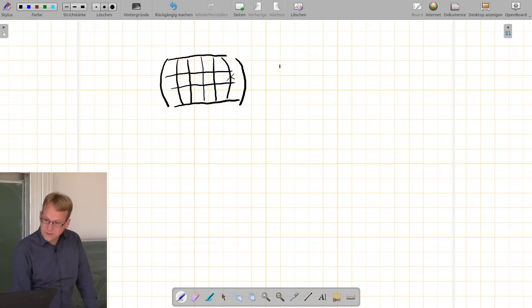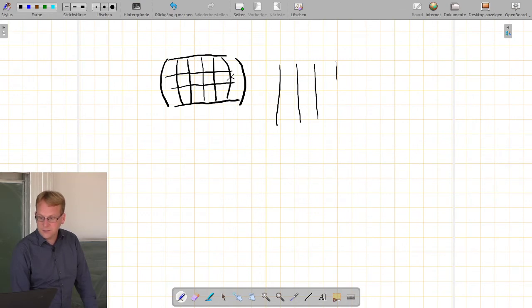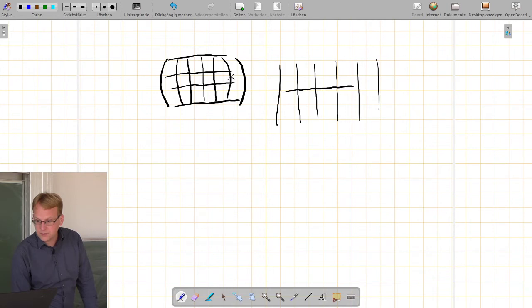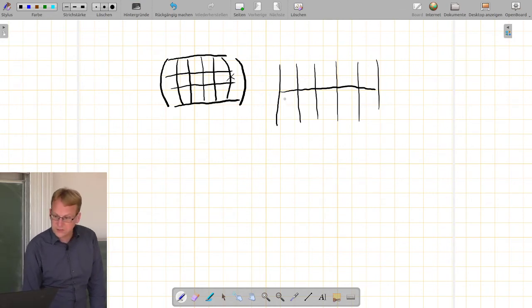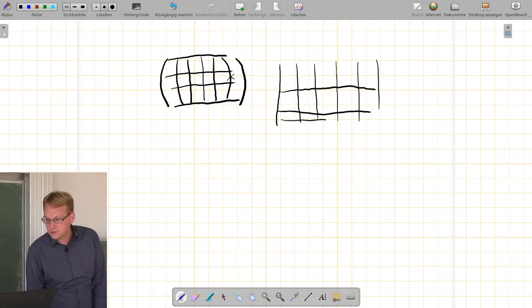If you see something like this, however, meridians displayed as vertical lines, then the equator as a horizontal line, all the other lines of equal latitude are also displayed here as horizontal lines. Maybe the distance is getting smaller towards the South Pole, maybe the same towards the North Pole, so there we have smaller distances like this.